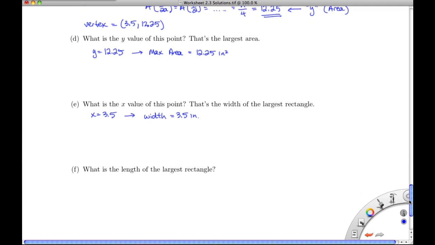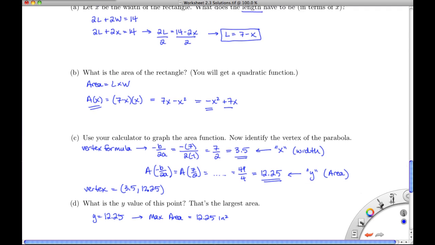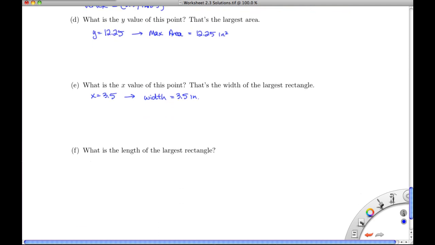And then lastly, we know the width dimension of this rectangle to get a maximum area. What about the length? Well, we know from up here that the length is equal to 7 minus x. In this case, our x is 3.5, so L is equal to 3.5.